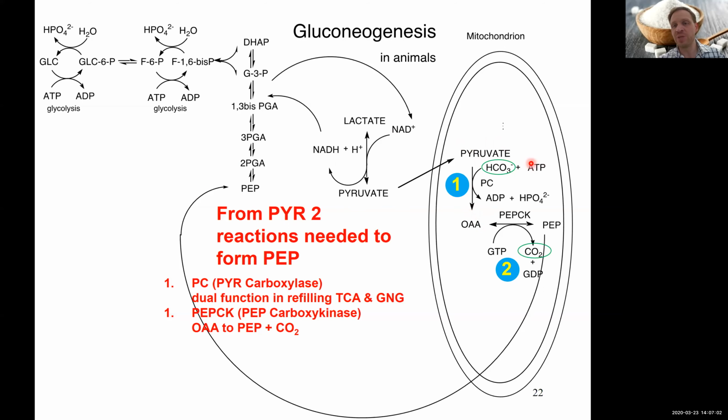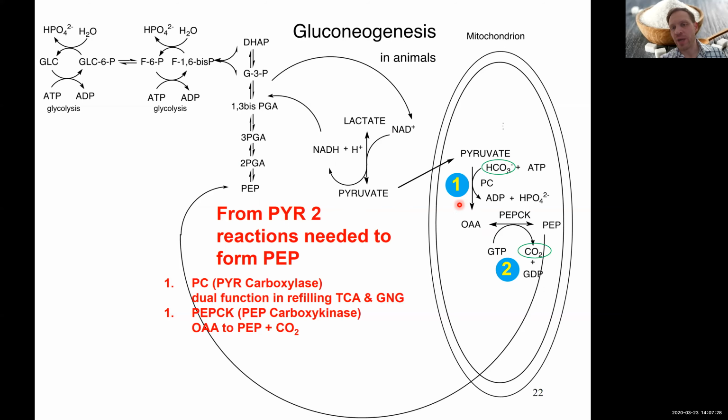We're using ATP, we're using bicarbonate to do so. This should ring a bell. This is actually the pyruvate carboxylase that we just discussed in the other lecture part in our anaplerotic reactions to refill the TCA cycle. So this is an enzyme that is doing double duty. It functions in refilling the TCA cycle and it functions in gluconeogenesis.